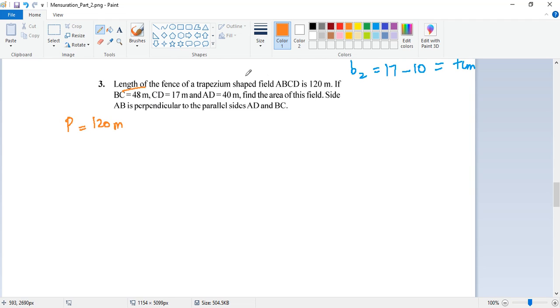Okay. It's like, in the trapezium shaped fence is being built. Okay. That is 120 meters. Now if BC, so let's draw ABCD. Okay. Let me just draw a figure. I'll draw it over here. Okay.